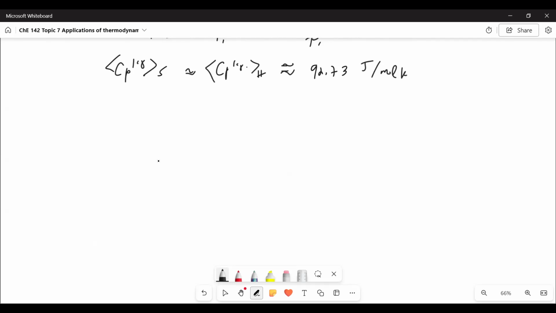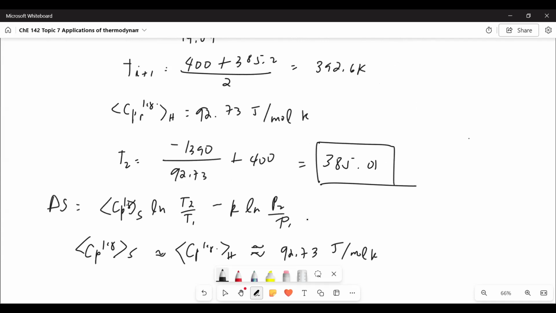Delta S. So this is not yet finished. We have to subtract S1R. I forgot. Why? This is a real gas.